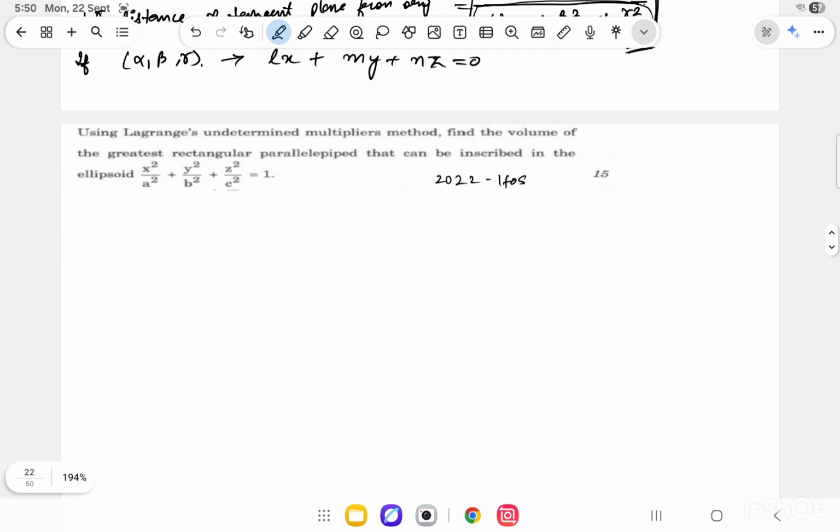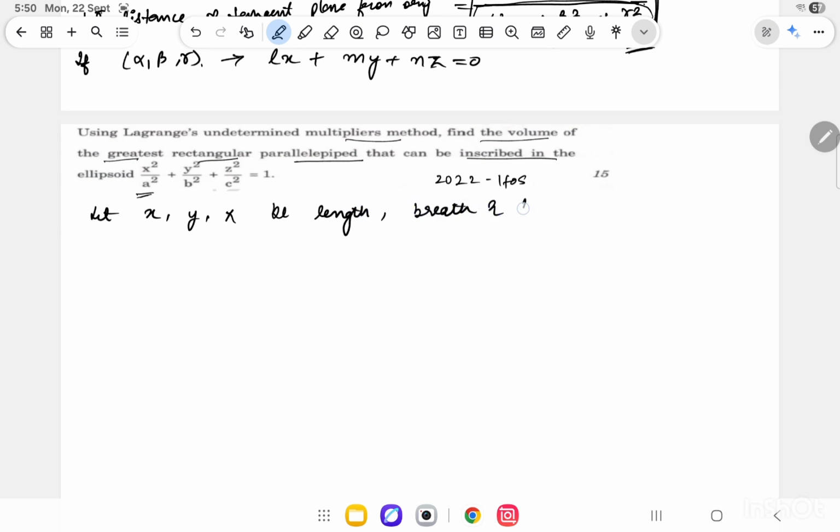The next question says: using Lagrange's undetermined multipliers method, find the volume of the greatest rectangular parallelepiped that can be inscribed in this ellipsoid. So we are supposed to maximize the volume of the rectangular parallelepiped. Let us assume that x, y and z are the length, breadth and height of the rectangular parallelepiped.